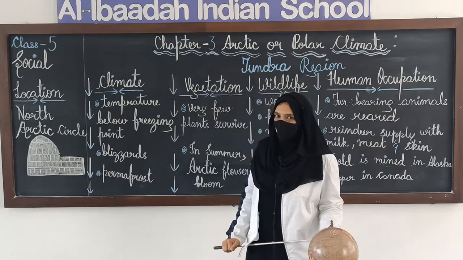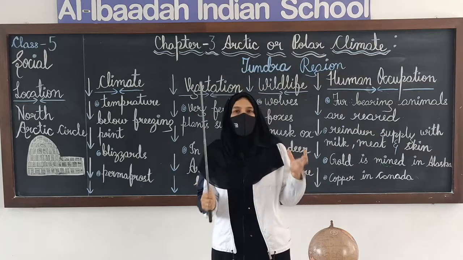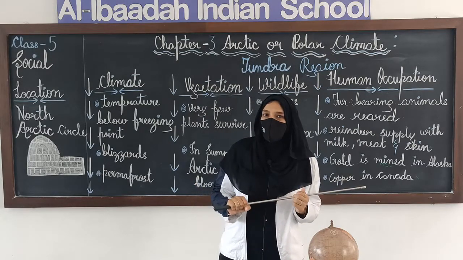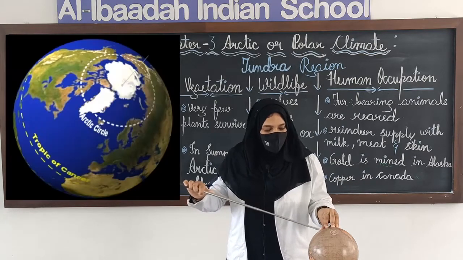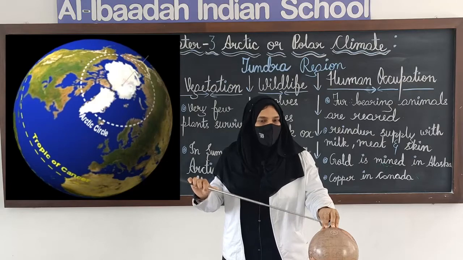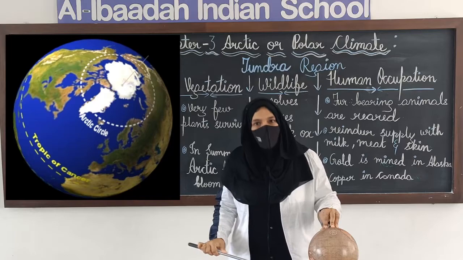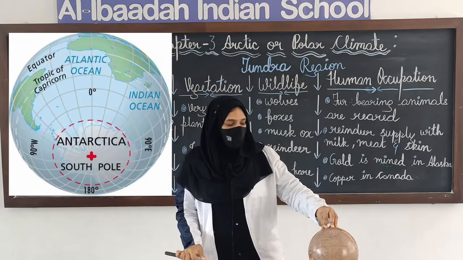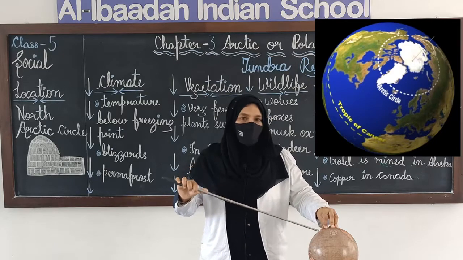Now let's begin your second semester with chapter 3, Arctic or polar climate. Where will this Arctic climate be? The Arctic climate is near the Arctic Circle, here in the North Pole. In the North Pole we have Arctic and in the South Pole we have Antarctica. What is special about the Arctic Circle is it has continents attached to it.